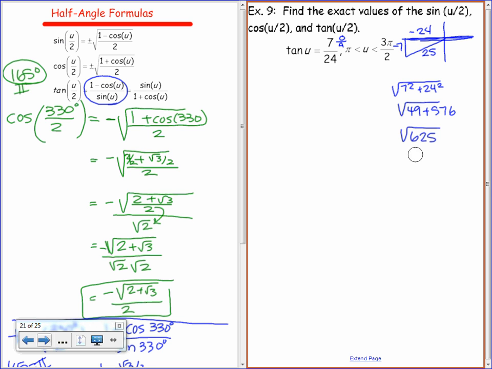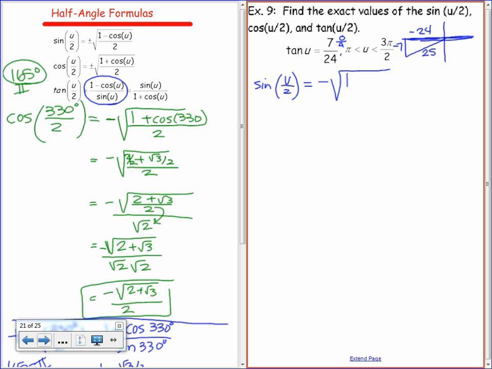I'm making that disappear because I know I'm going to need all the space I can get. So we are in the third quadrant. So the sine of u over 2 in the third quadrant is negative, and this is going to be 1 minus the cosine. Cosine is adjacent, so -24 over 25, divided by 2.